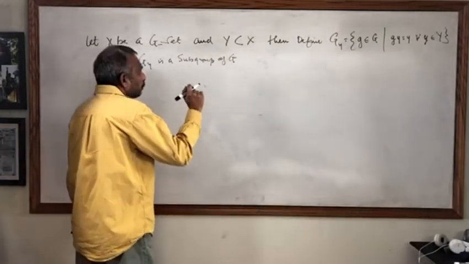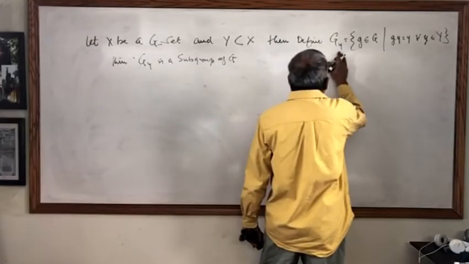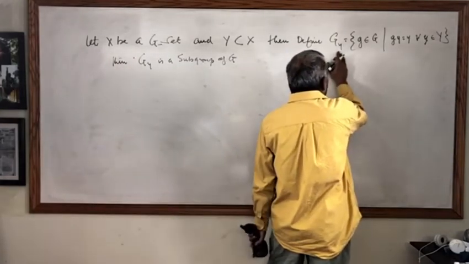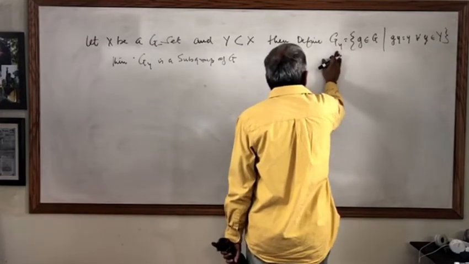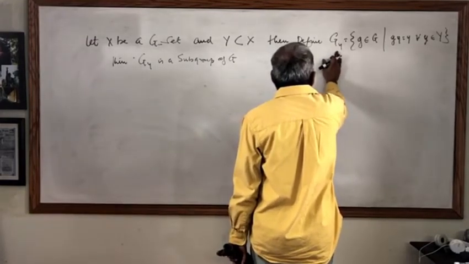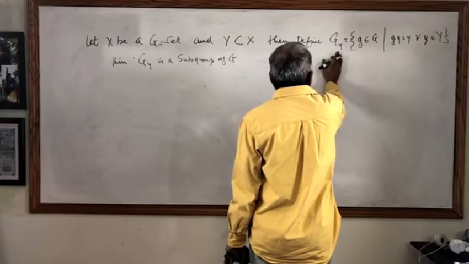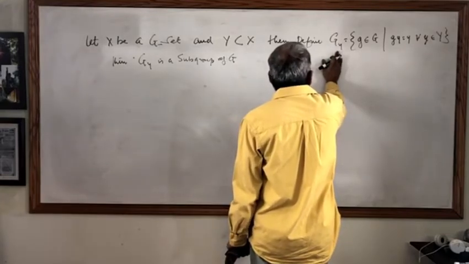So, in order to prove that this is a subgroup, we need to show that this is closed, and we need to show that the identity belongs to this subset, and for every element there is an inverse.